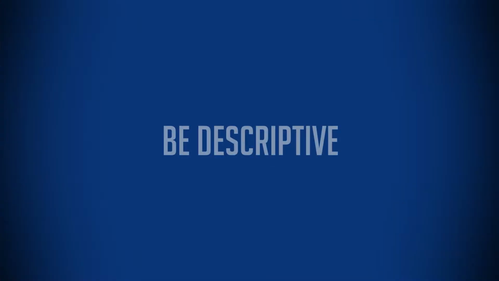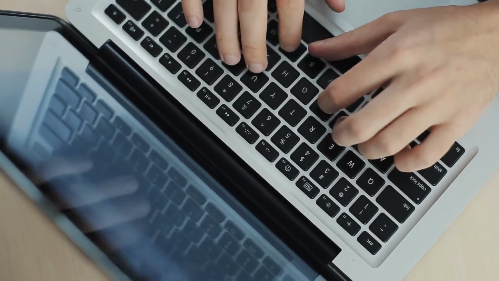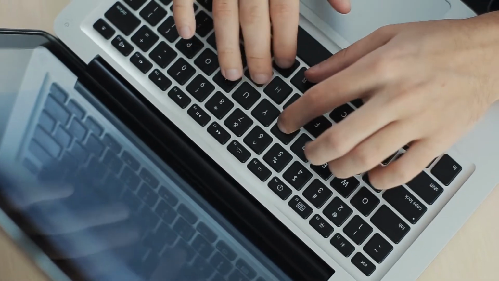The great thing about online is that you have an infinite amount of space. You don't have to be overly descriptive, but be descriptive. Help the tenant to visualize the property. What are the aspects of the property that really make it unique and different? Be very descriptive about what you see when you walk into the property.